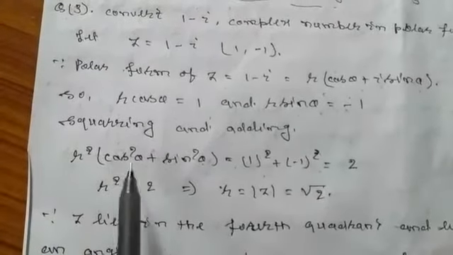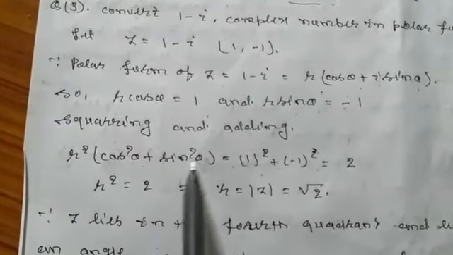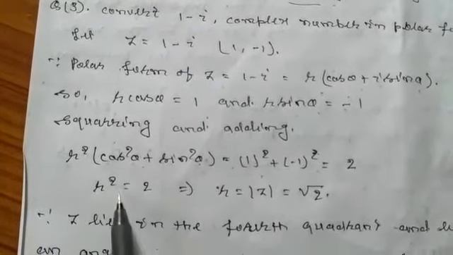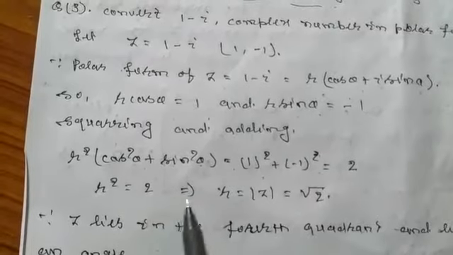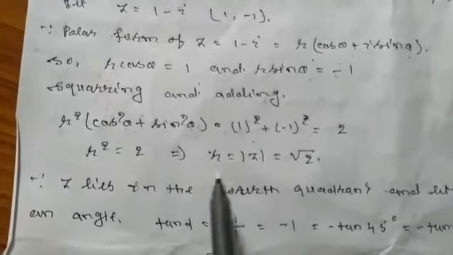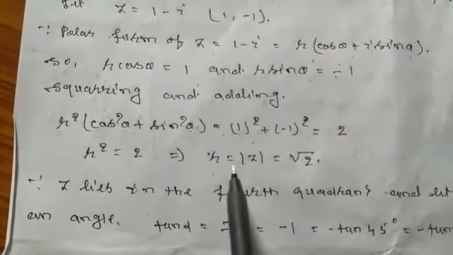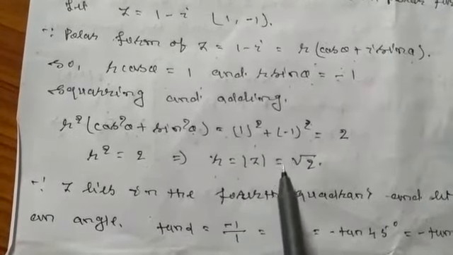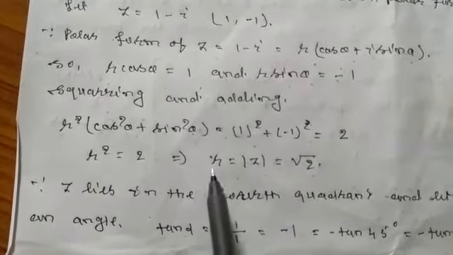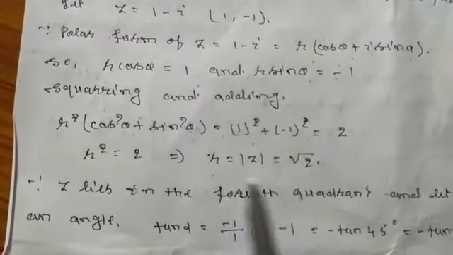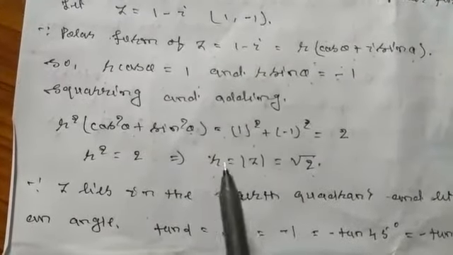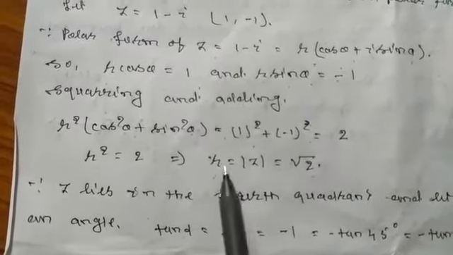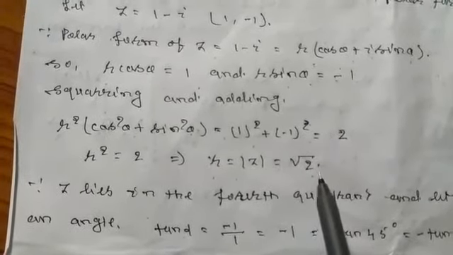Because cos square theta plus sin square theta is 1, we have r square equals 2. On further solving, we got r equals modulus of z equals under root 2. This is the modulus of the complex number. So we got the required modulus of this complex number, that is equal to under root 2.